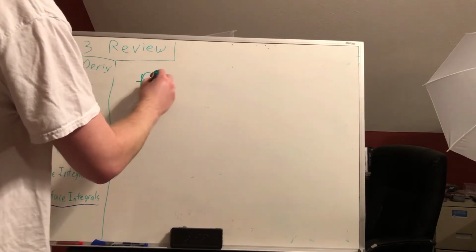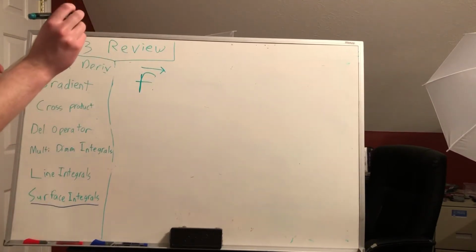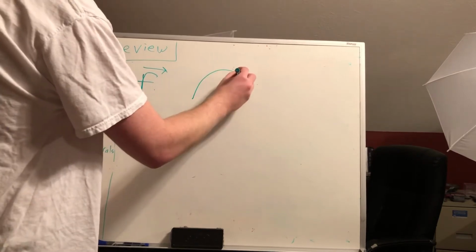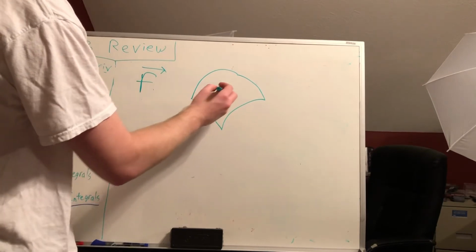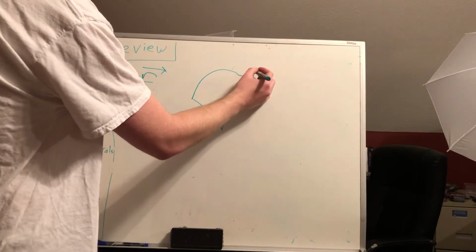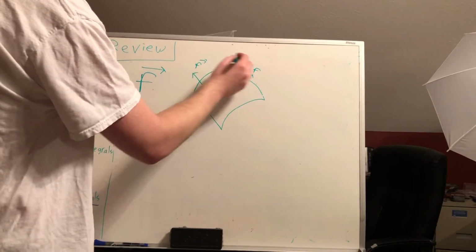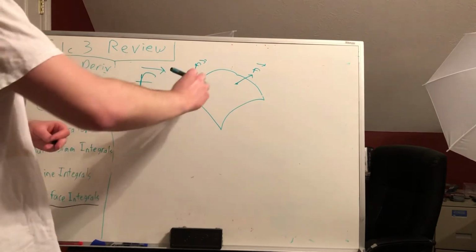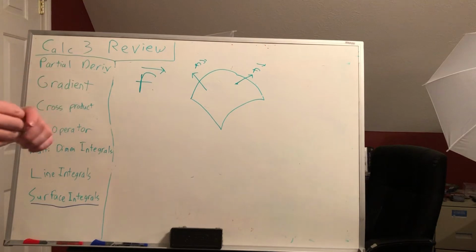We have some function f where it's a vector, but in this case we have some surface and we want to know, as we integrate up over this surface, how much f is coming out of it.